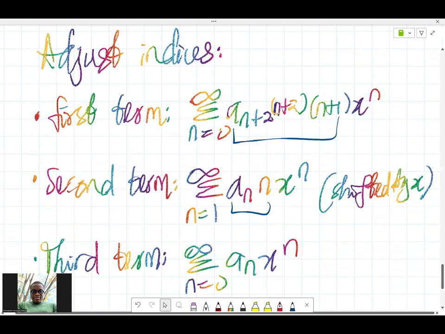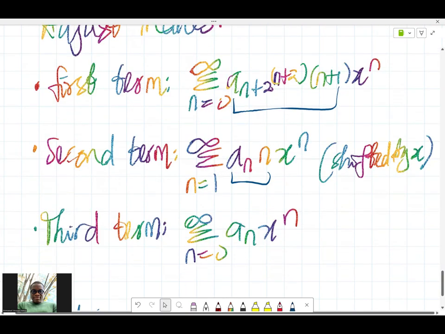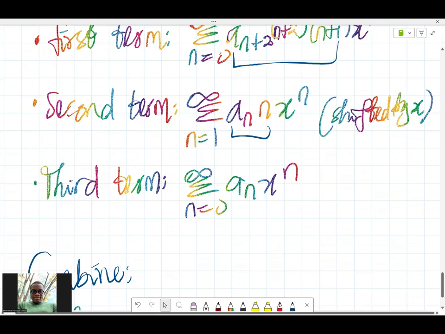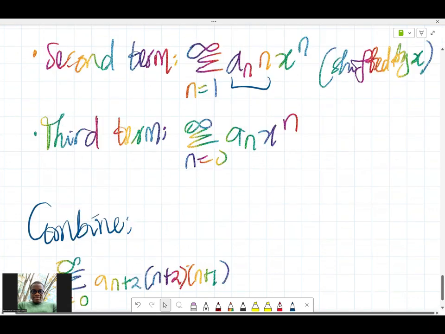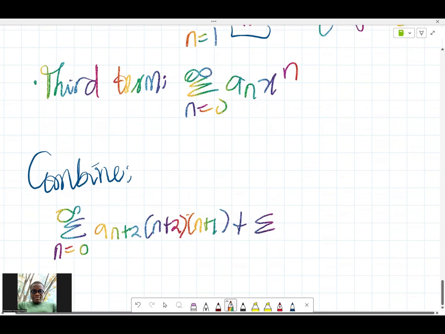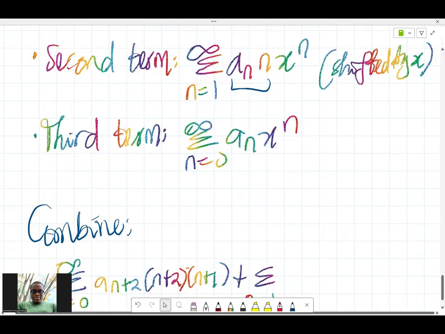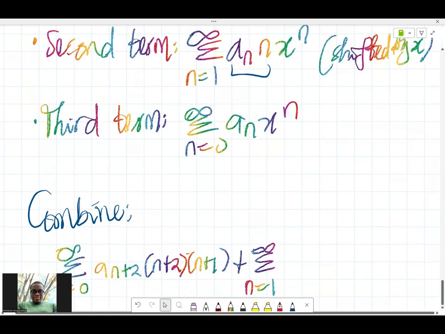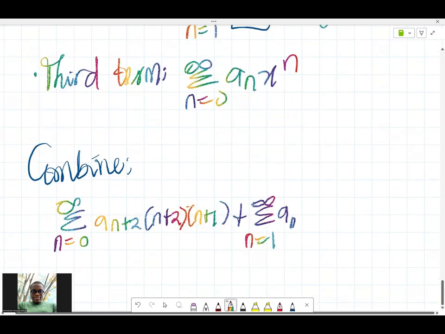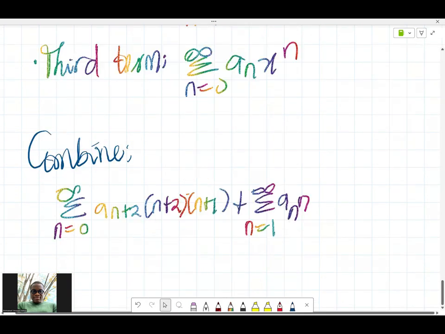Then x raised to power n is common already, so let's leave that alone. So the next one we have summation from n equals 1 to infinity of a n, that's n. X raised to power n is going to come out at the end of the day. Then plus summation from n equals 0 to infinity of a n again.